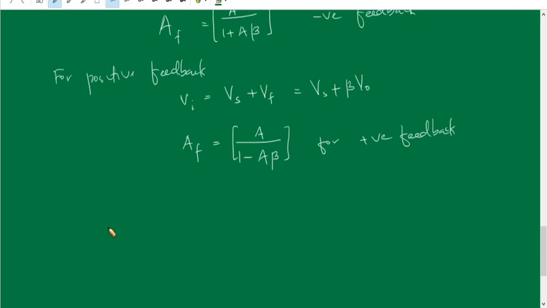Characteristics of a negative feedback amplifier. Advantages of a negative feedback amplifier. First, it stabilizes gain.